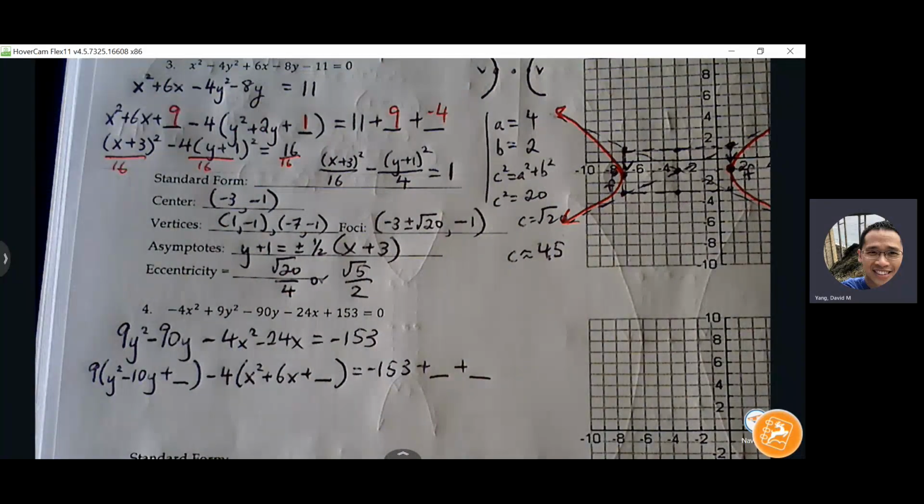Now, make sure that if you complete the square, that you're always doing a plus space. No matter what the sign is, always put a plus space. And that has to be positive.